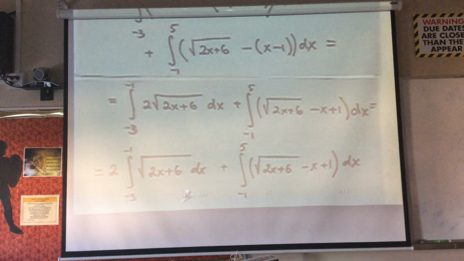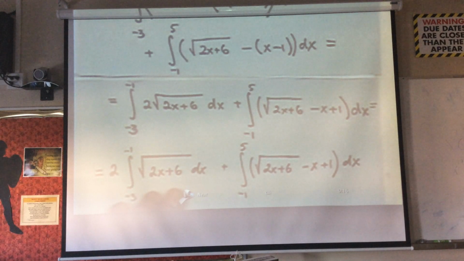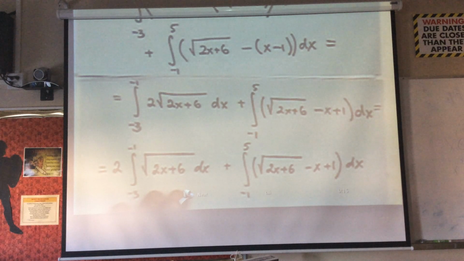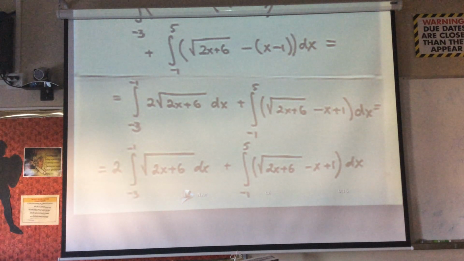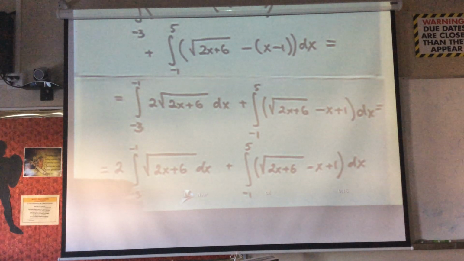Overall now I have to find two integrals, and this integral has to be done by substitution. What is your substitution for this? 2x plus 6. And then you do the substitution, find what du over dx is, which is the derivative, right? Change upper and lower limits, we talked about this.